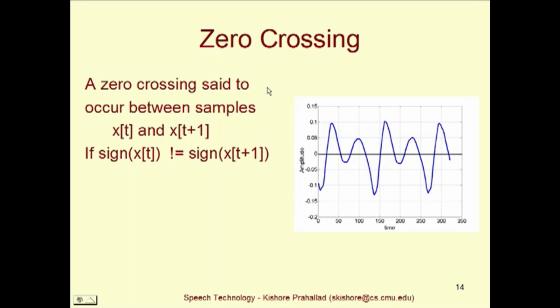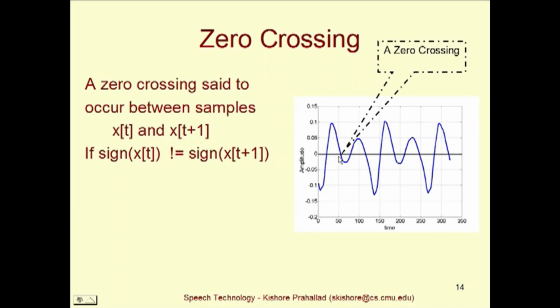A zero crossing is said to occur between two samples, x of t and x of t plus 1, if the signs of these two samples do not match. That means if one is a positive value and the other is a negative value, then there is said to be a zero crossing between these two samples.